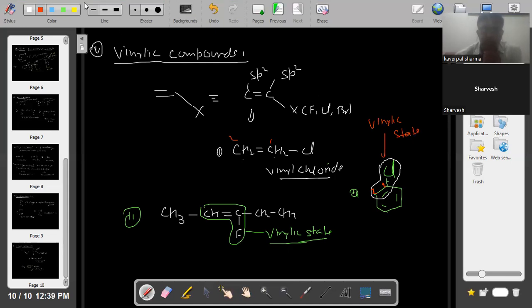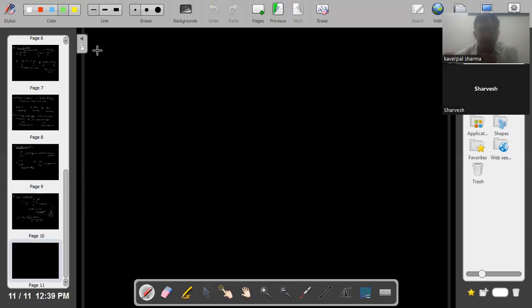Okay. Now, next one is allyl halides. Like this structure you would have seen.